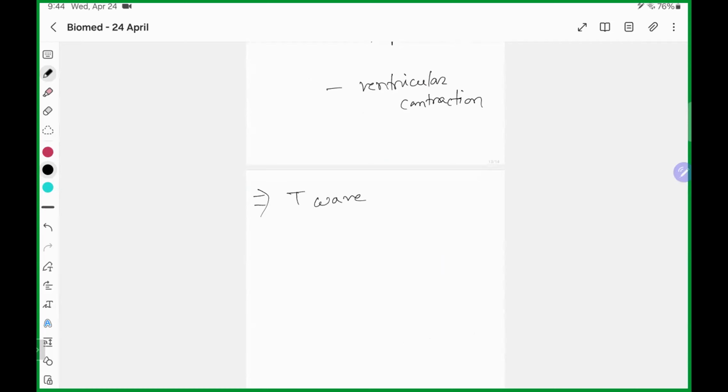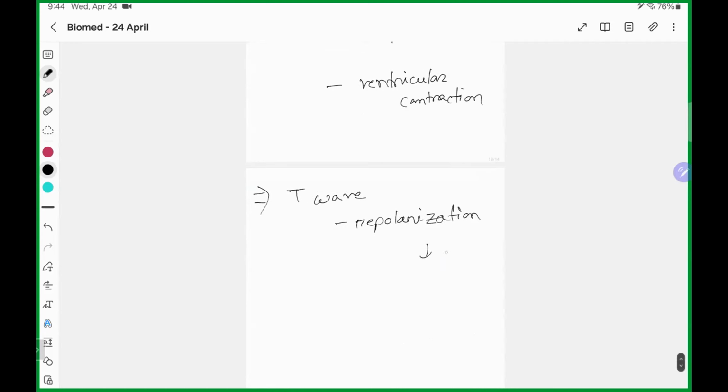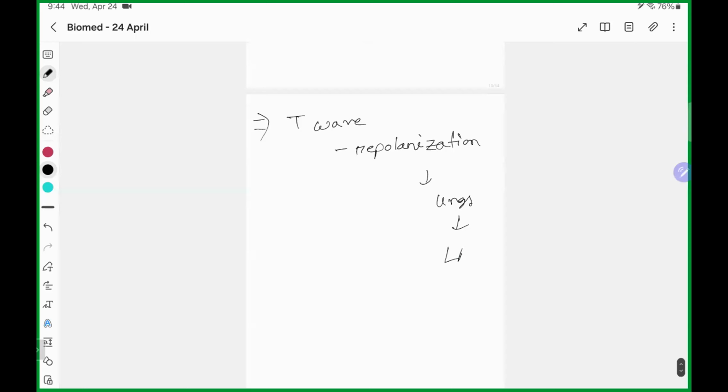Now this T wave refers to the repolarization. So what happens in the repolarization? After blood goes to the lungs, it comes from the lungs to the left atria.